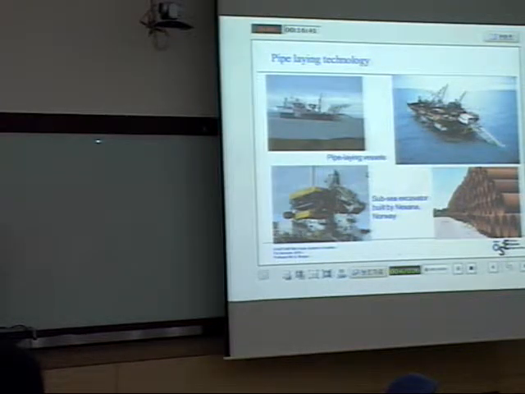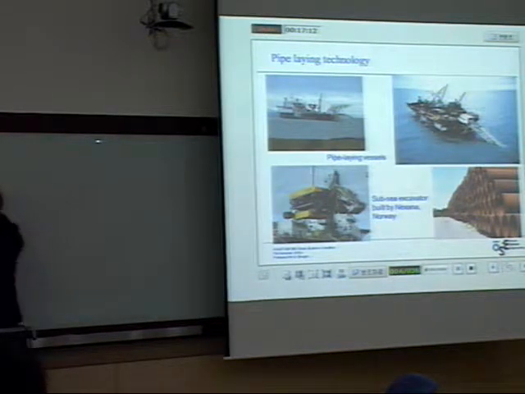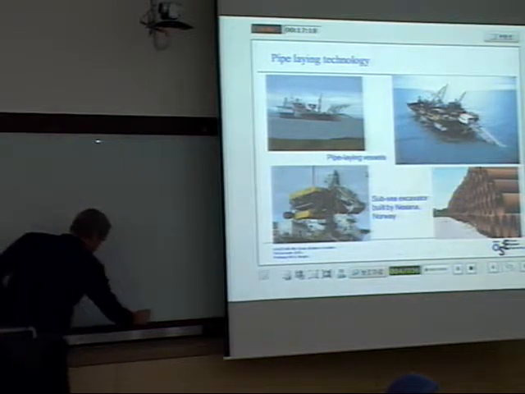You weld together these sections of pipe, and the pipes are often covered with bitumen and, you know, this tar stuff and concrete, and you have automatic welding of these sections, and of course you have to grab the whole thing to hold it, and then the pipeline is fed into the sea, right, like this.